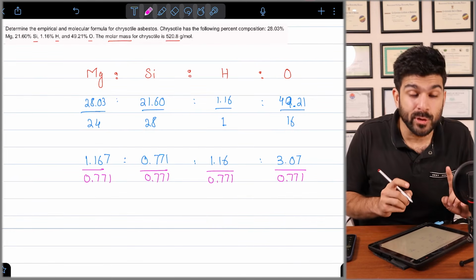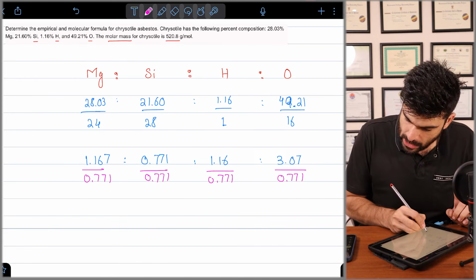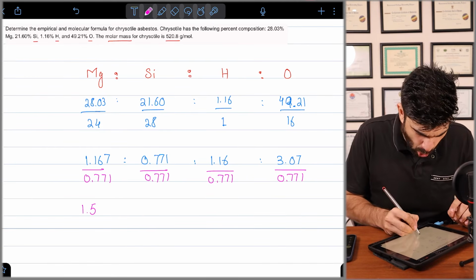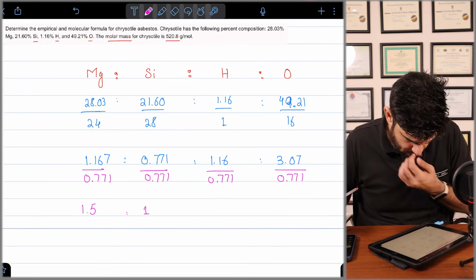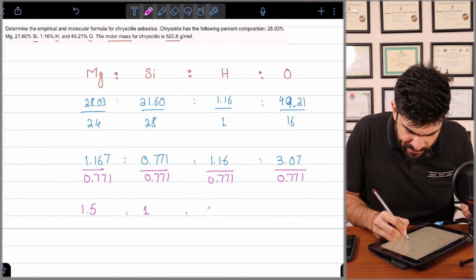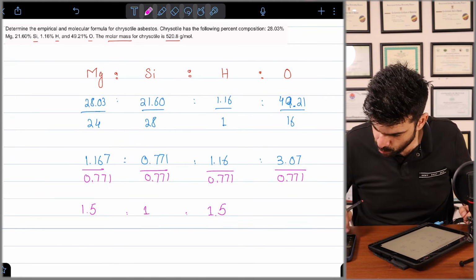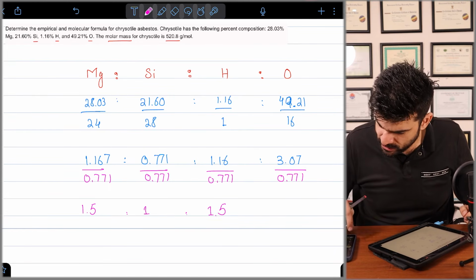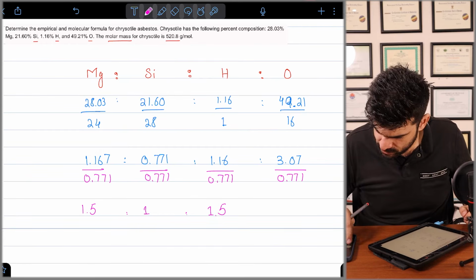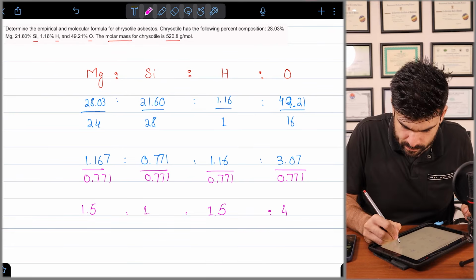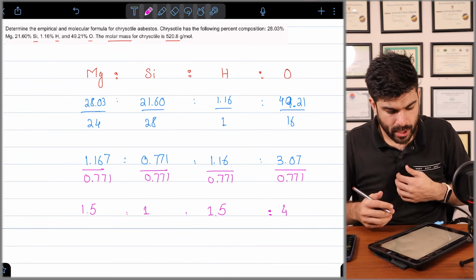So see what's going to happen now. I'm going to get the value 1.5 here. This is obviously 1. This will obviously be 1.5 again. 3.07 divided by 0.771 is 3.98, we consider it 4.